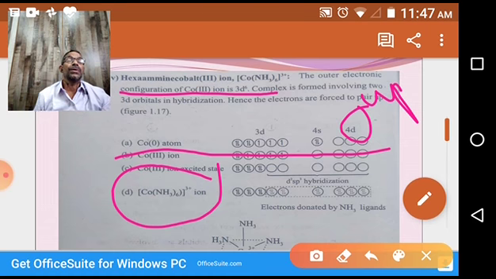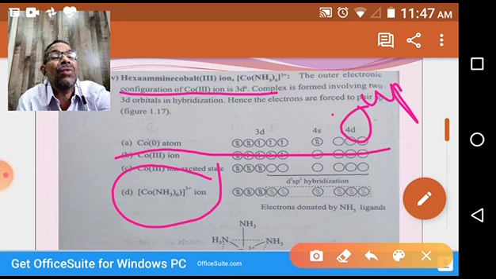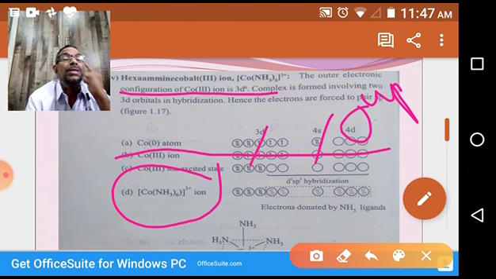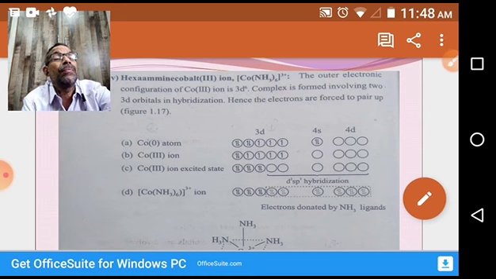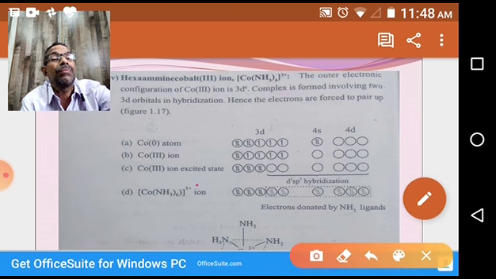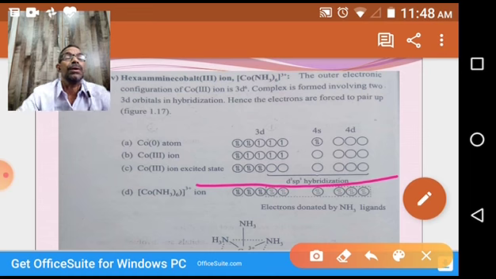In the cobalt 3 state, it loses 3 electrons: 2 electrons from 4s and 1 electron from 3d. Due to losing these 3 electrons, it exhibits this type of electronic configuration, with 4s0, 4p0.